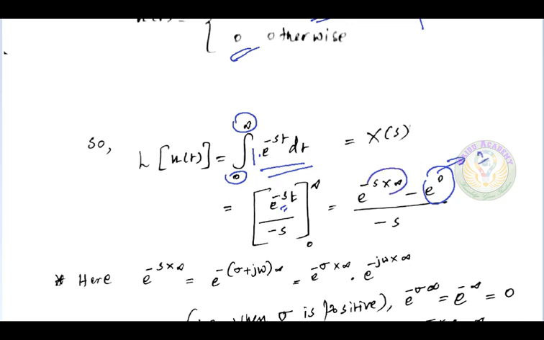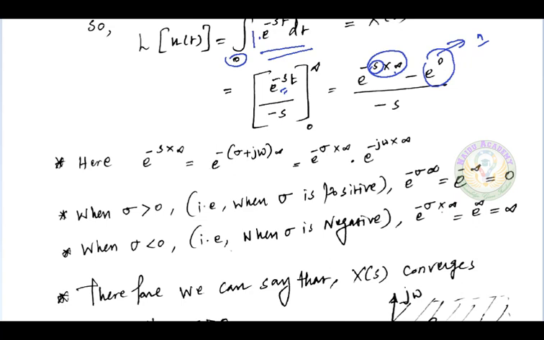The only problem is the other term, because here it is infinity. Based on the value of s, whether you are going to get e power minus infinity or e power plus infinity is decided by the term s.